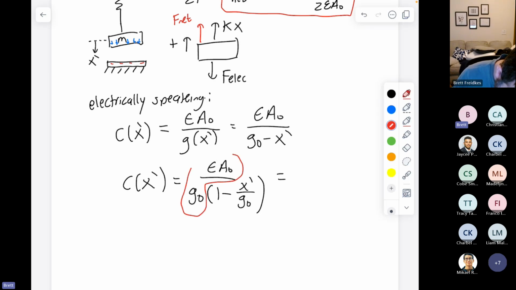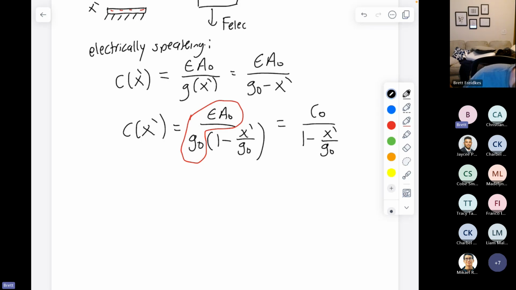What is this? It is capacitance, but what specific capacitance? It's the original capacitance, C naught. So this will be C naught over 1 minus x prime over G naught.